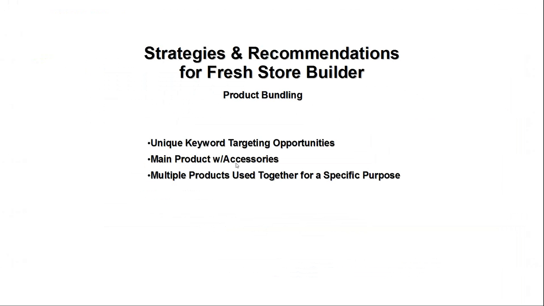A lot of times with the main product and the accessory combination, you're being helpful to the end user. You're also increasing your sales amount by not just selling the main product, but getting the extra accessories bundled in with them.